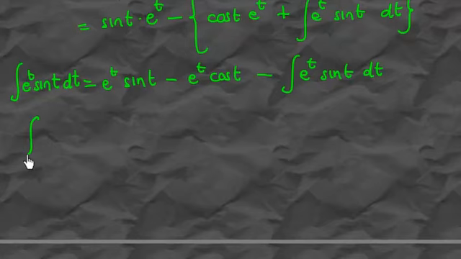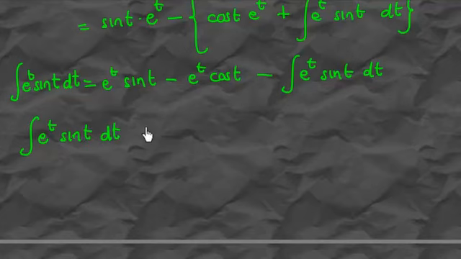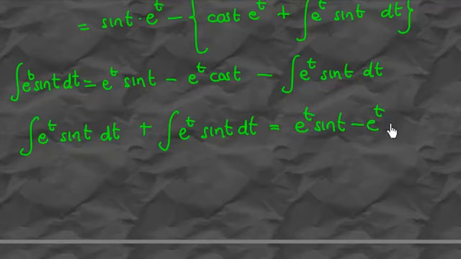So we have the integral of e to the t sine t dt plus the same expression equals e to the t sine t minus e to the t cosine t.